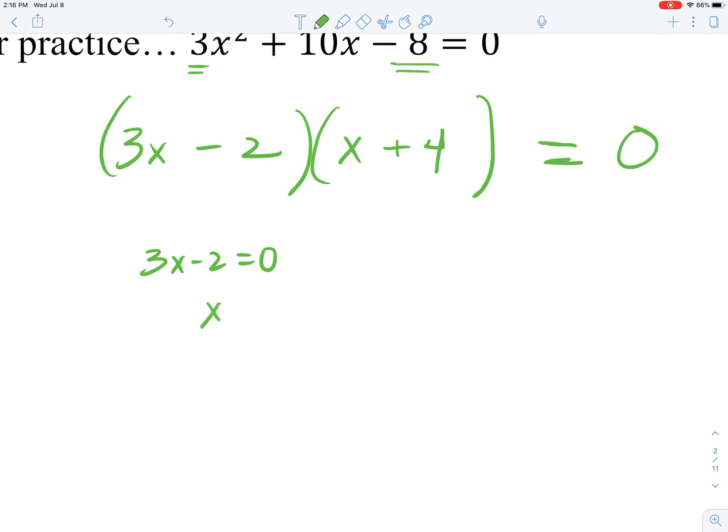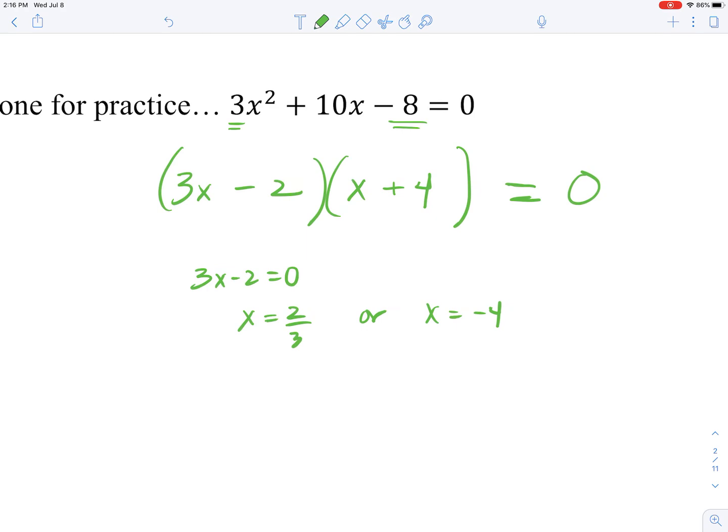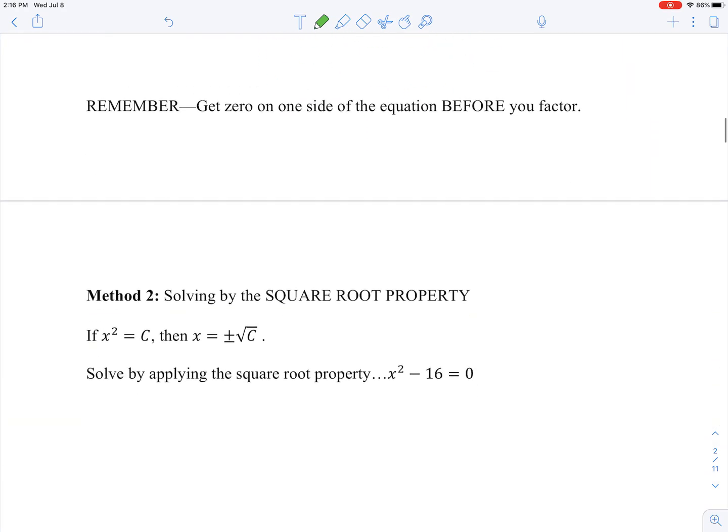Okay, and then either by inspection, or if you feel like you need to do the step of writing out 3x minus 2 equals 0, and then using properties of equality to finish solving for x, where you get 2/3, you can do that. But positive 2/3 and negative 4 are our solutions to this equation.